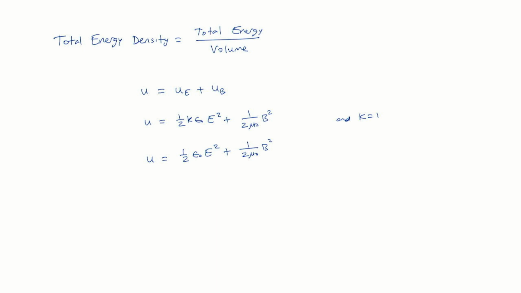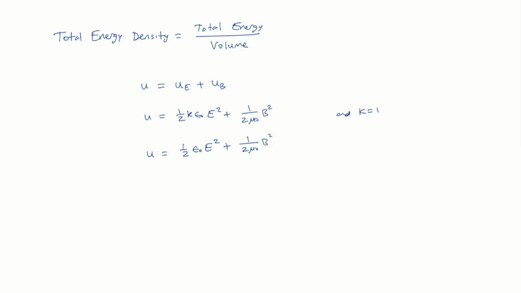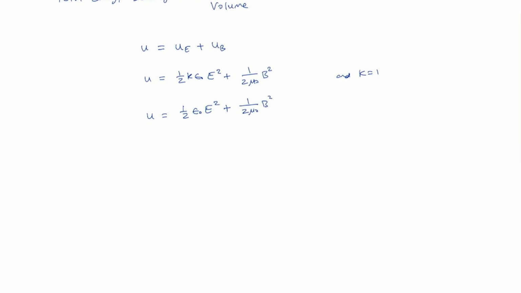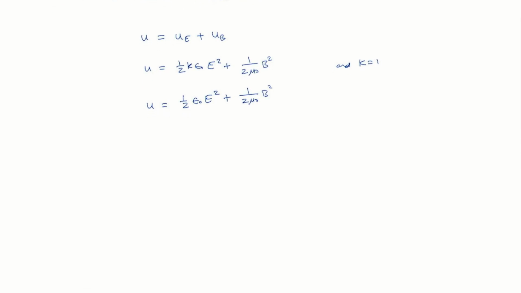Okay, Maxwell calculated that c, the speed of light, is equal to 1 over the square root of epsilon 0 times mu 0. So the speed of light c, the speed of all EM waves, is 1 over the square root of epsilon 0 mu 0.